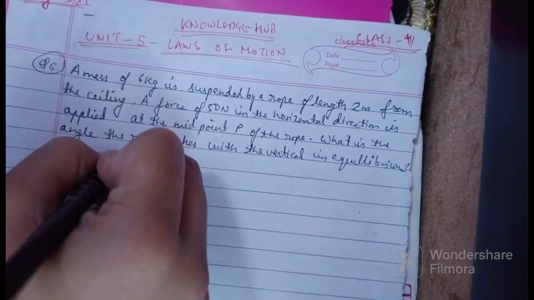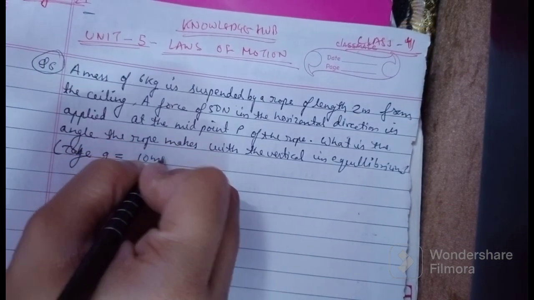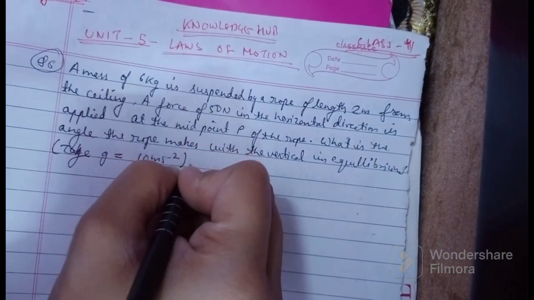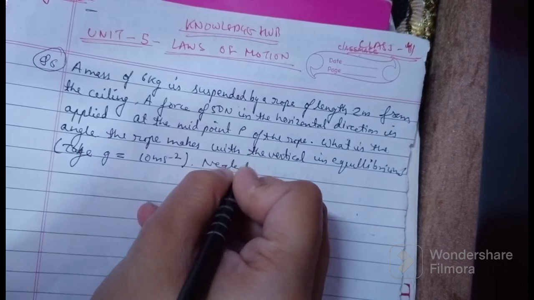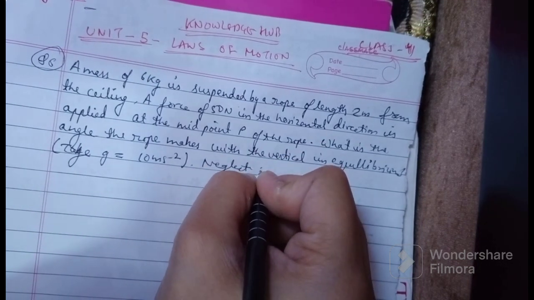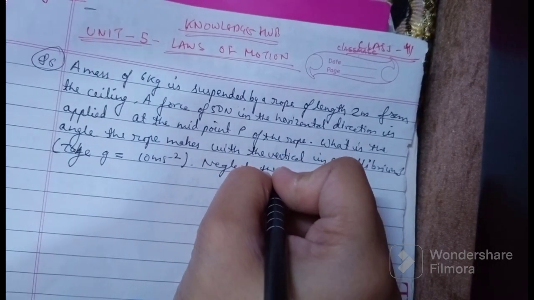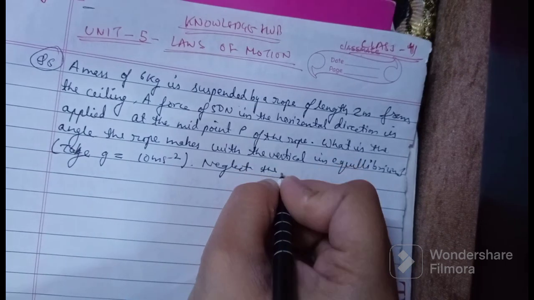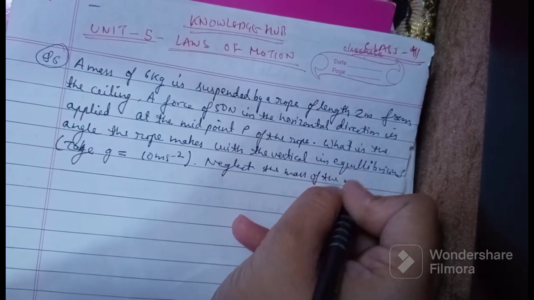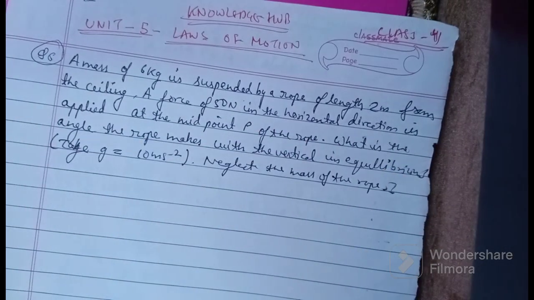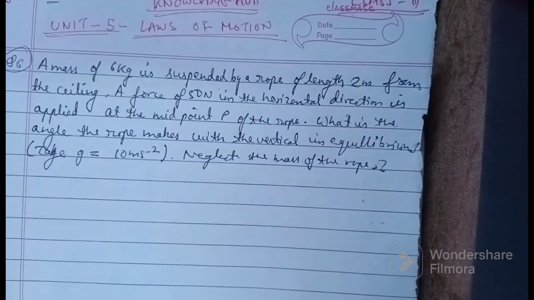Take g equals 10 meters per second squared, neglect the mass of the rope. So let's go for it.